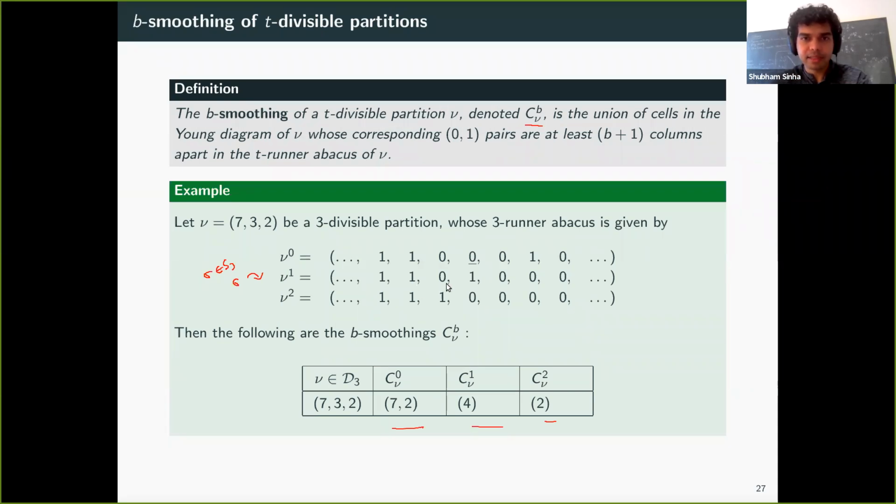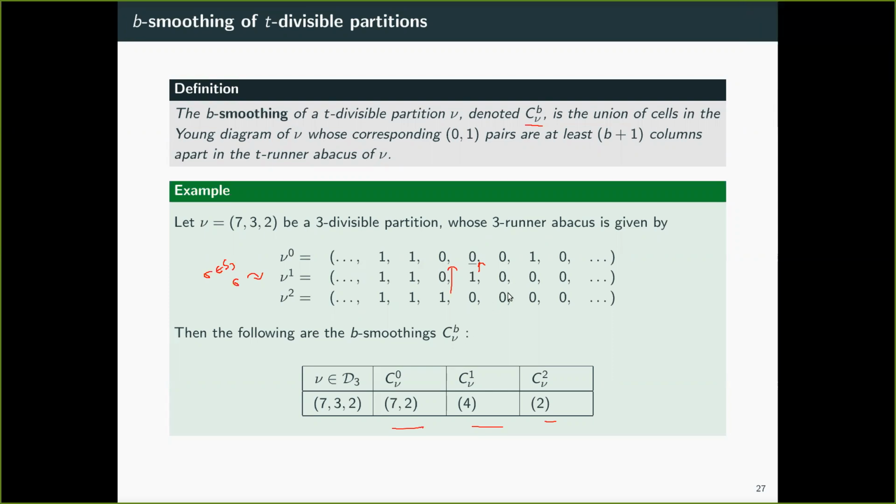If you have just two of them, zero smoothing is just pushing the ones up. I don't know what that would correspond to in a Young diagram. You're basically pushing everything up as much as you can, which is true for all zero smoothing. So you would get a new 2-hook on one of the partitions, and lose a 2-hook on the other one.